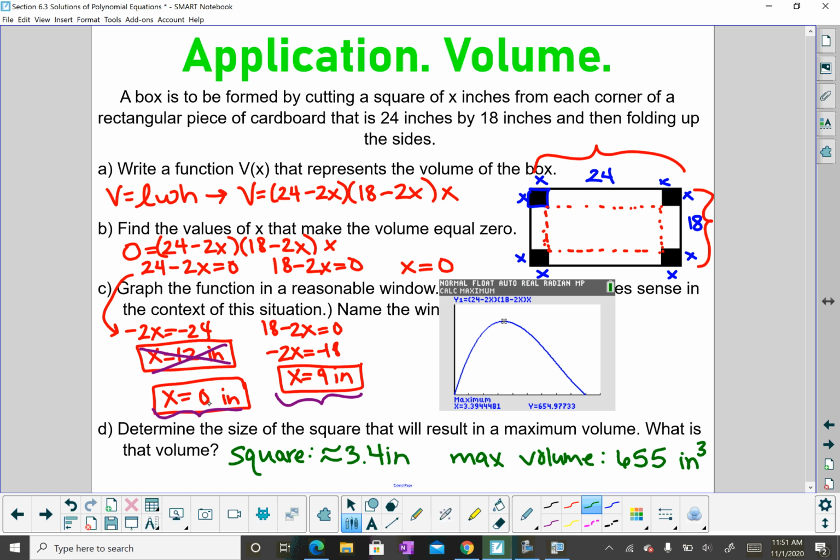So the lowest square I can cut out is 0, the biggest square I can cut out is 9, and the square that will maximize the volume of the box, if we want to say it that way, is 3.4 inches, and it's going to take me all the way up to 655 inches cubed of volume.